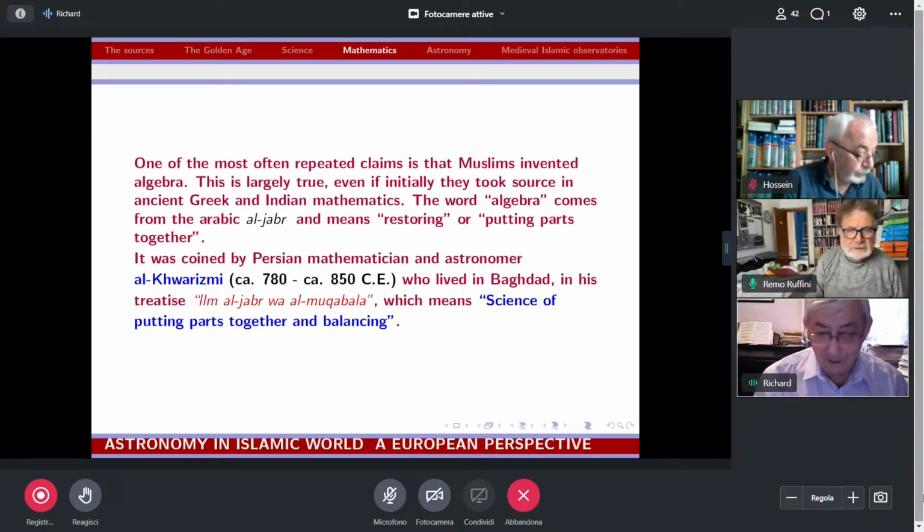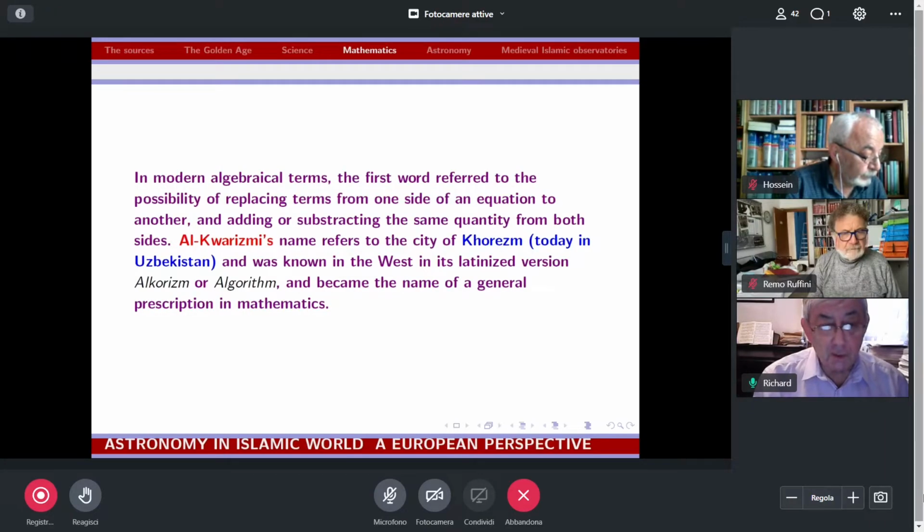I'm not fluent in Arabic, so maybe I pronounce it wrongly, but it means science of putting parts together and balancing. In modern algebraical terms, the first word referred to the possibility of replacing terms from one side of an equation to another. Like we write now, for example, most of our equations are something equals 0.